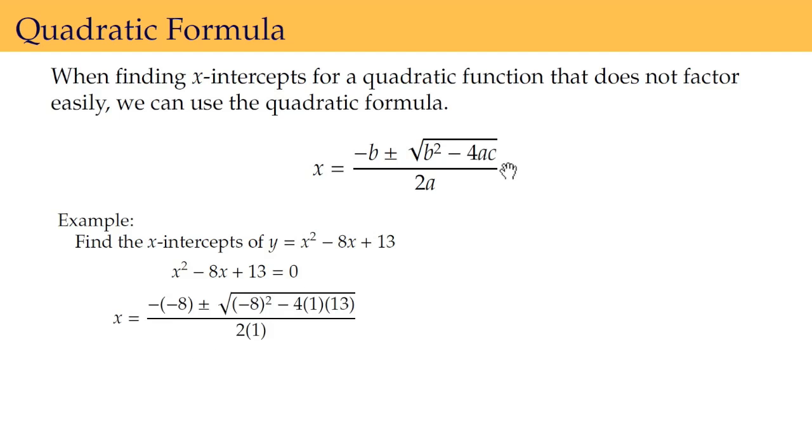So by using the quadratic formula, I get negative b plus or minus the square root of b squared minus 4ac, all over 2a. Simplifying this gives me 8 plus or minus the square root of 12 over 2, and simplifying that gives me 4 plus or minus the square root of 3.